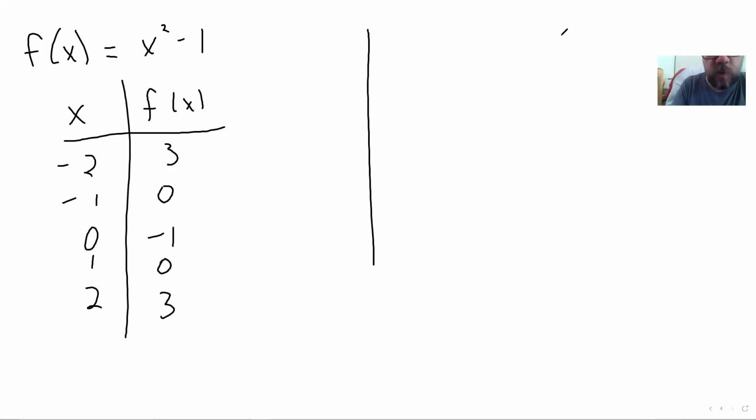So if we look at the graph, you can see what's happening here. We're getting something like this, which, if you've graphed parabolas before, is not any kind of surprise. The way I want to think of it is, the x squared can only get as small as 0, and then we subtract 1 from that to get down to -1. So this is the smallest y value we can get out, -1.